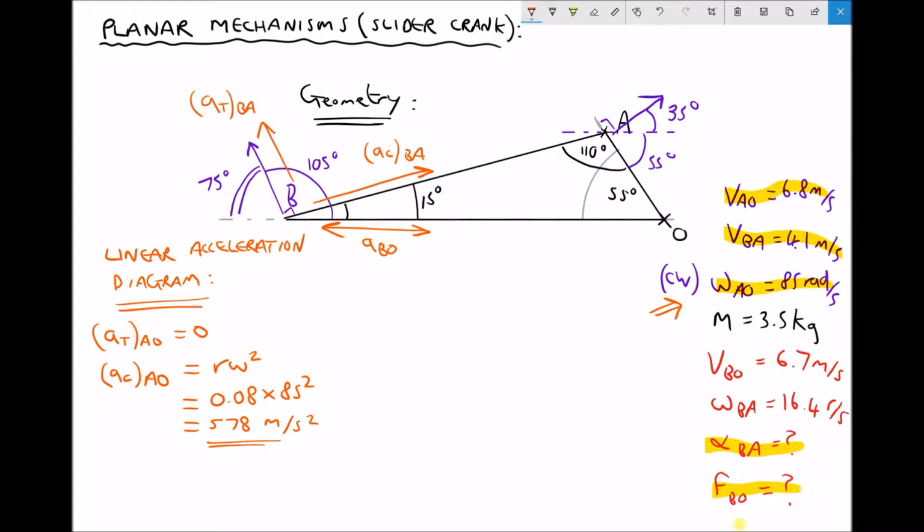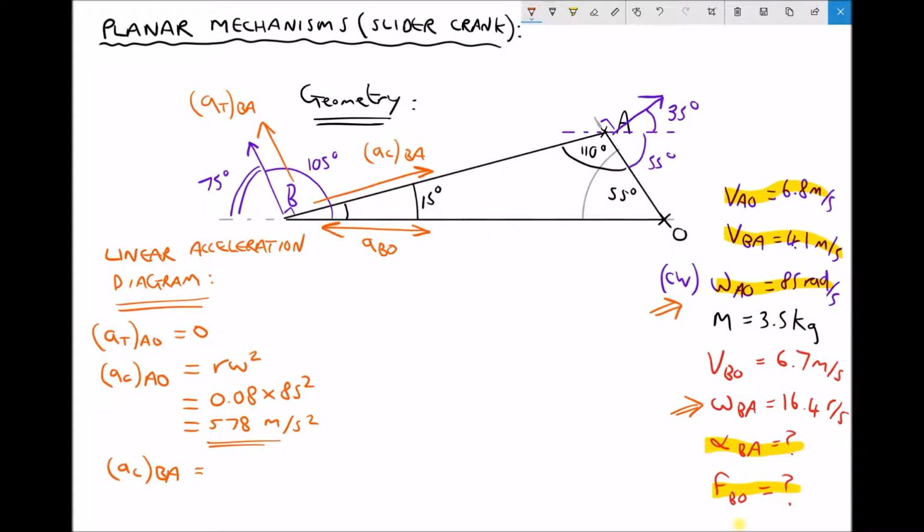Now once again, we can calculate the centripetal acceleration, because the centripetal acceleration of B relative to A is the same formula as we used previously, r omega squared, except this time the radius of the motion is the length of the linkage AB, and the angular velocity is the angular velocity of B relative to A, which we have down here from our earlier calculation.